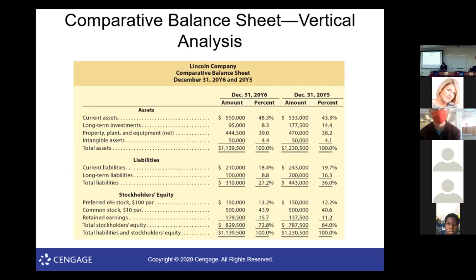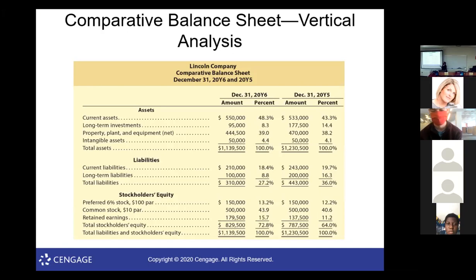If we divide that by the total assets of $1,139,500, we would get 48.3%. Does everybody see how that calculation happens? So 550 as a percentage of 1,139,500 means that total current assets are 48.3% of total assets.